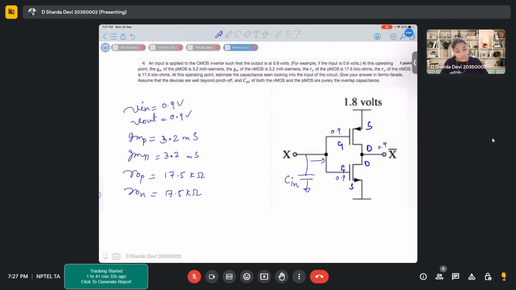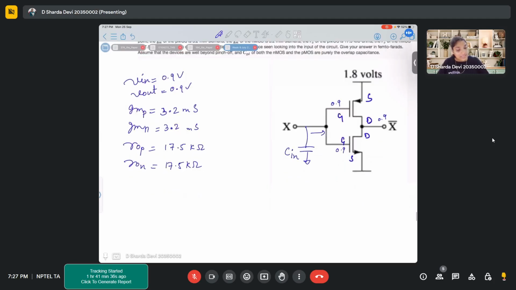Okay. So now if your VG and VD are both 0.9 volts, that means, first of all, your transistors are well beyond saturation. So pinch off has already occurred. So when pinch off has already occurred, what will happen?